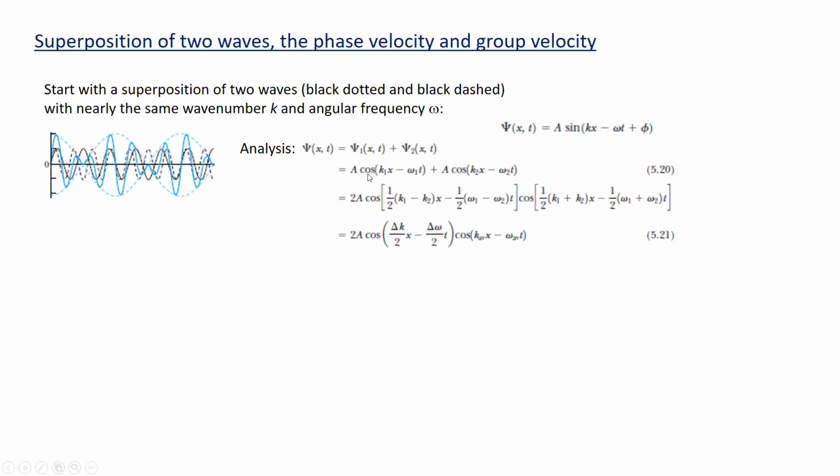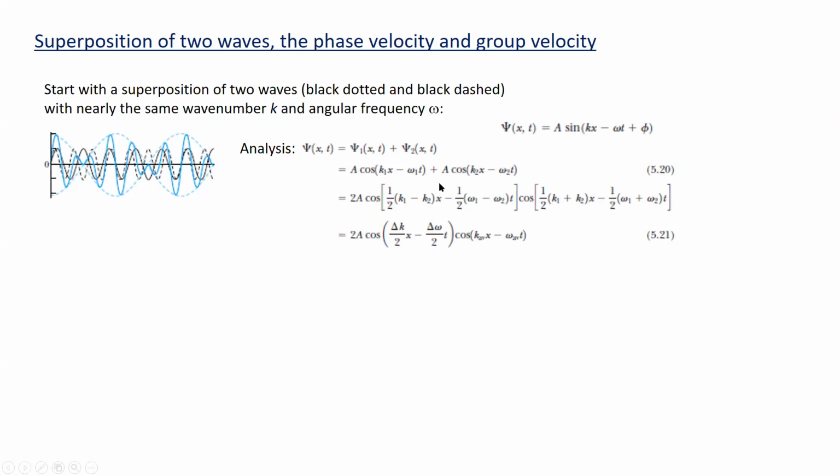There's trig identities for the cosine of a plus b, and there's a series of steps here which I don't want to digress on, but we can write this as 2a times the cosine of 1/2 of k1 minus k2 x minus 1/2 omega 1 minus omega 2 t times the cosine of 1/2 k1 plus k2 x minus 1/2 omega 1 plus omega 2 t.